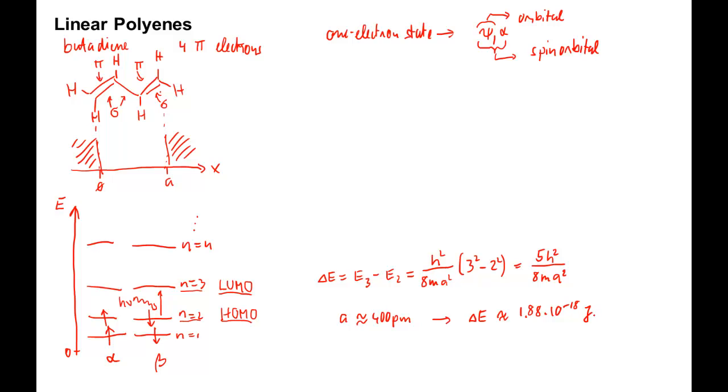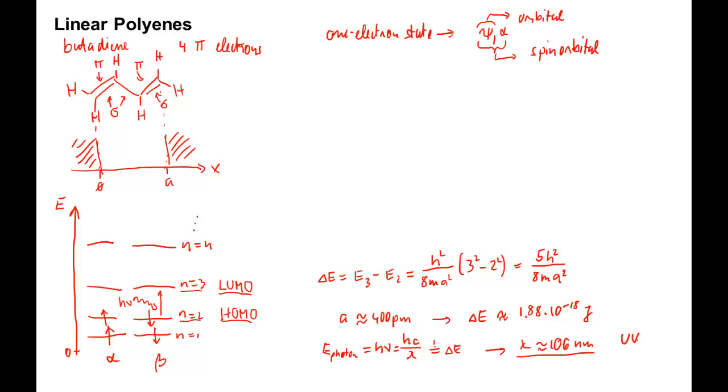To induce a transition between these two states, an incoming photon must therefore deliver this amount of energy. Formally, the energy of the photon, which equals h nu, or in terms of wavelength, hc over lambda, has to be equal to delta E. From this, we get lambda is approximately 106 nanometers, which lies in the UV range.